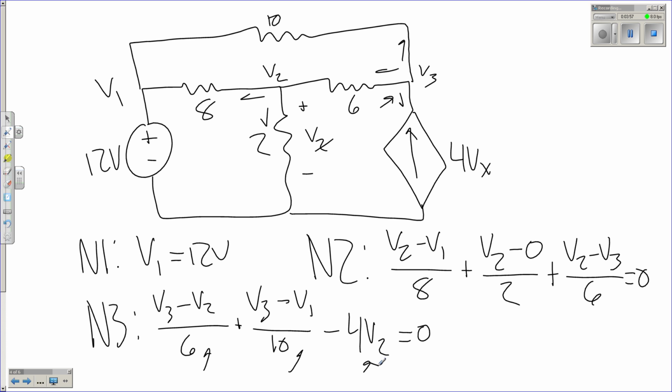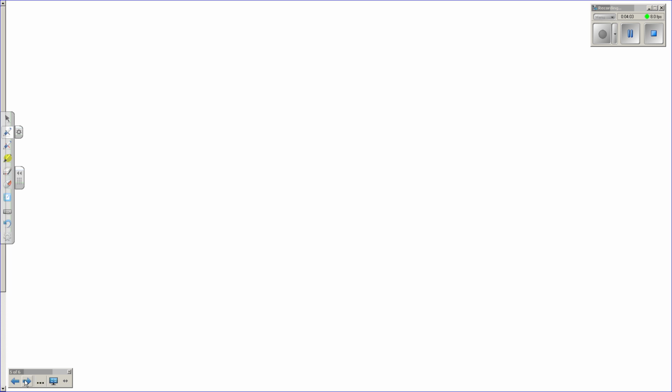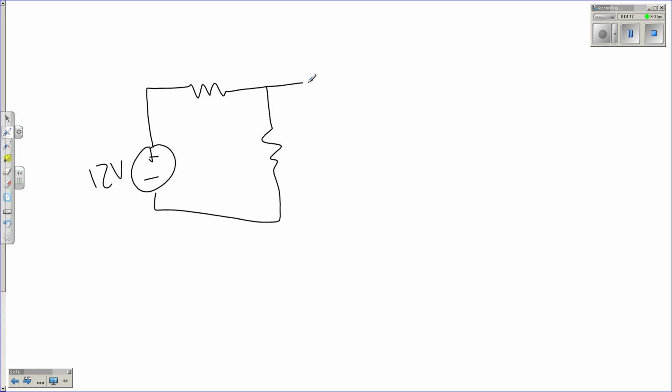All right, so let's try a voltage-controlled voltage source. So the same circuit, plus minus 12 volts, go up, resistor here, we get our 6 ohm resistor here, and then instead of the current source, we have the voltage source.